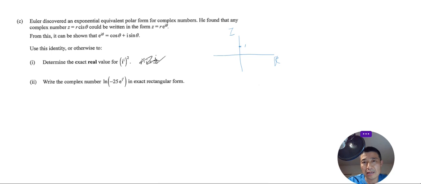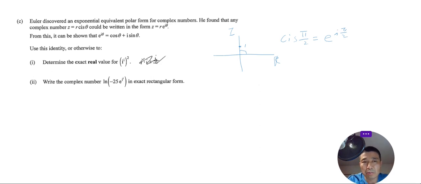So what is i as a polar form? r is 1 and the angle is pi over 2, isn't it? So 1 cis pi over 2 can be written as 1 e to the power of i pi over 2, right?